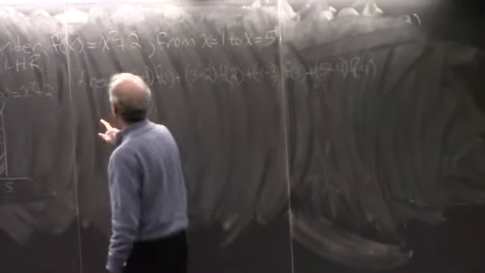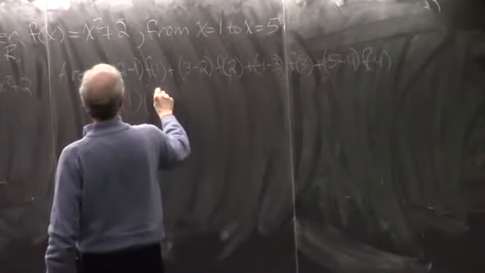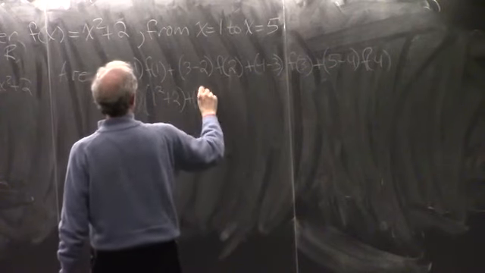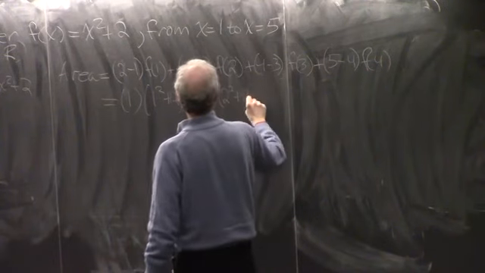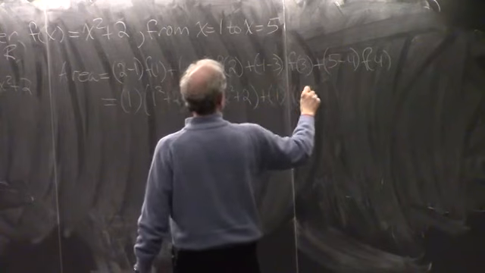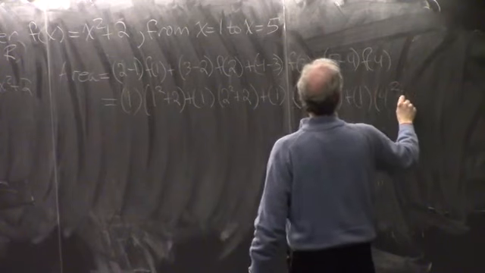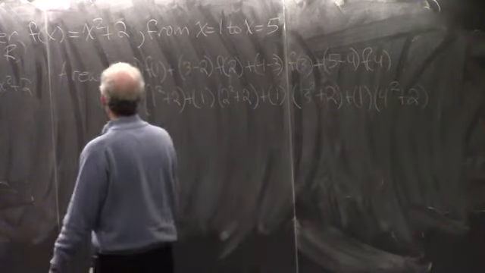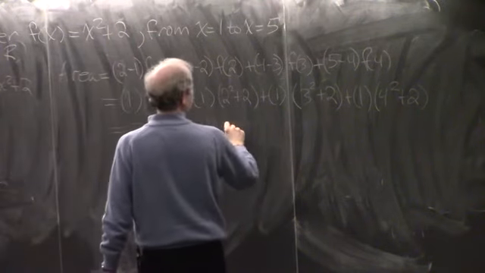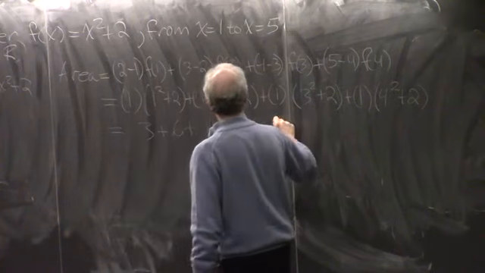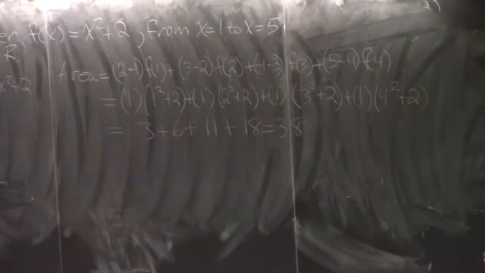And what is f of 1? Well, f of 1 is 1 squared plus 2, right? And the next one is 1 times f of 2, which is 2 squared plus 2. And then 1 times 3 squared plus 2, and 1 times 4 squared plus 2. That comes out 3 plus 6 plus 11 plus 18, which is 38. Okay? You check my arithmetic.